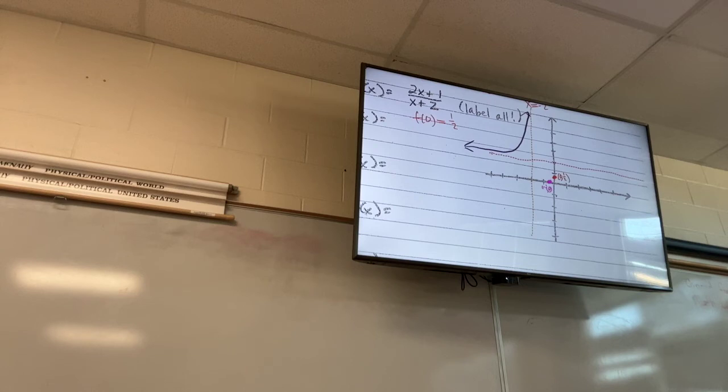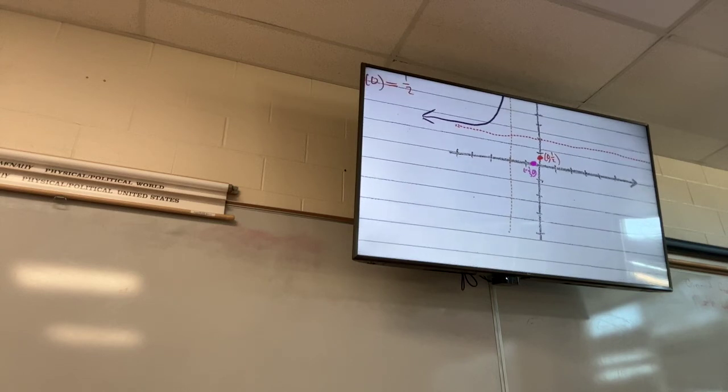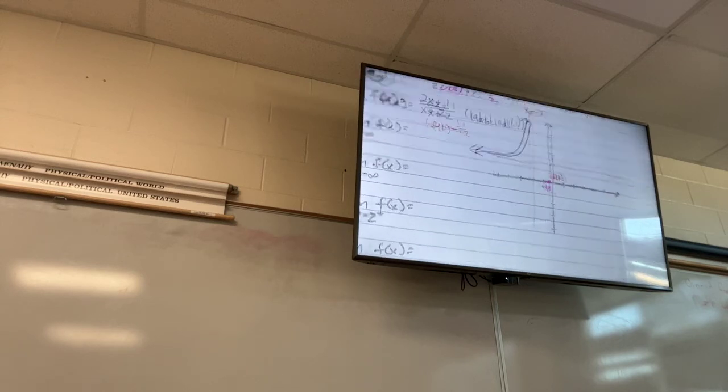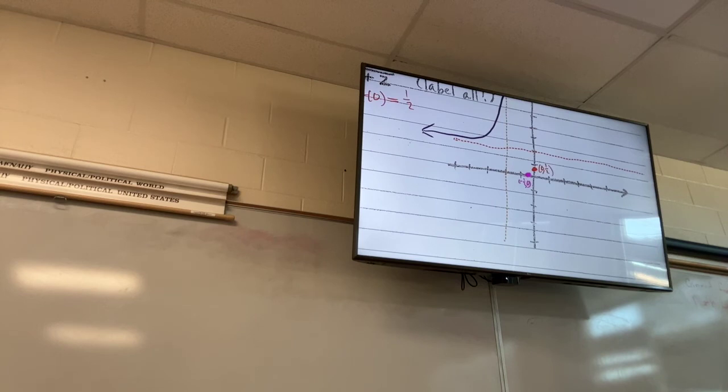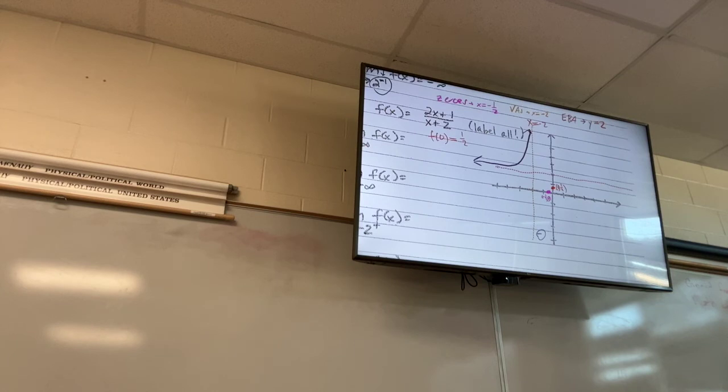Okay. Next region. So like f of -1. Am I positive or negative? Should be negative. Plug in f of -1. We're going to look at the region between my first asymptote that I just saw, and then my next zero.